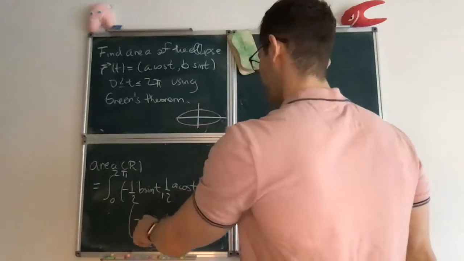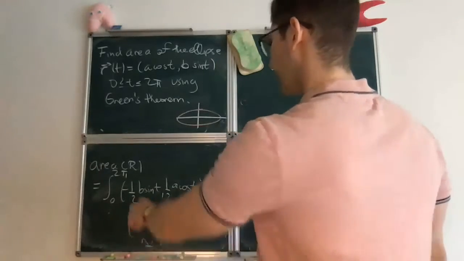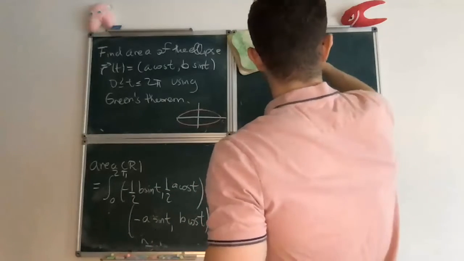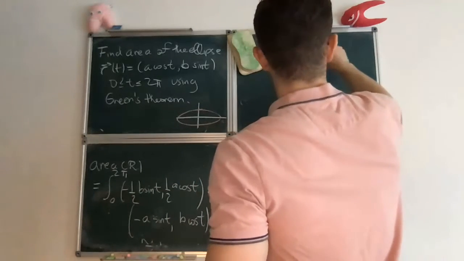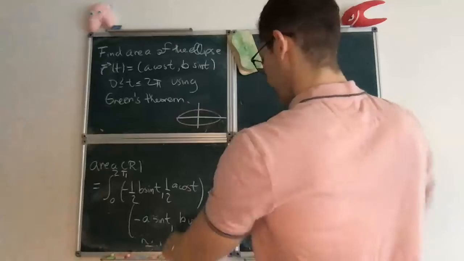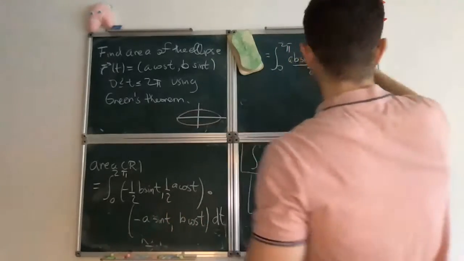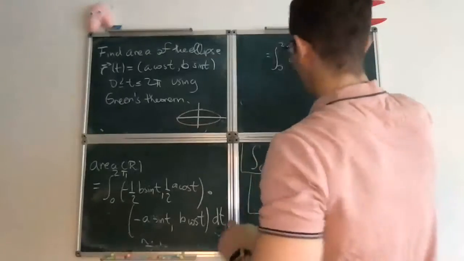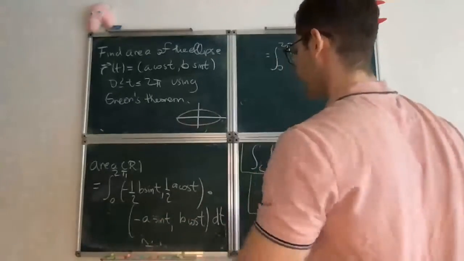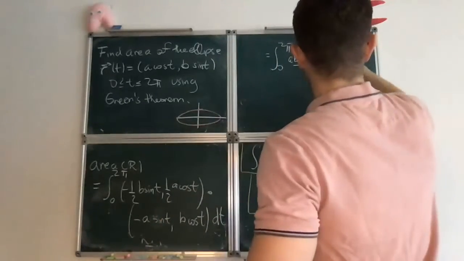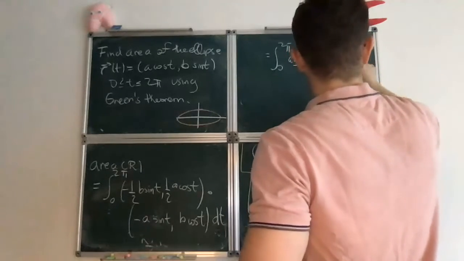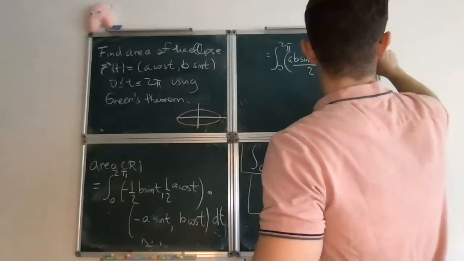Minus with minus gives you plus, so you get ab sine squared of t over 2 plus ab cosine squared of t over 2, dt.